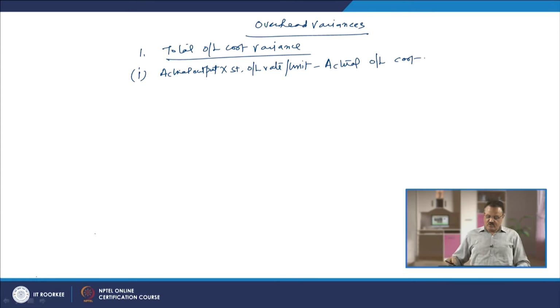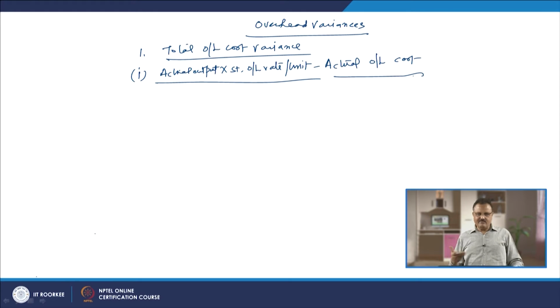If you look at these two components, these are basically the comparison between the standard overhead cost and the actual overhead cost, and then we find the difference between the two to find out the variances. And if it has to be found out in relation to labor, then what is the formula?